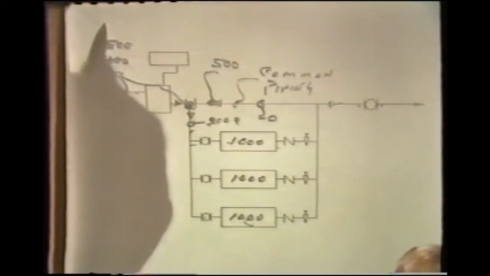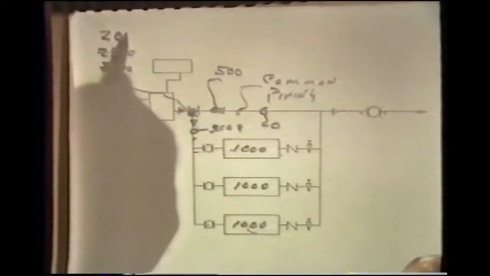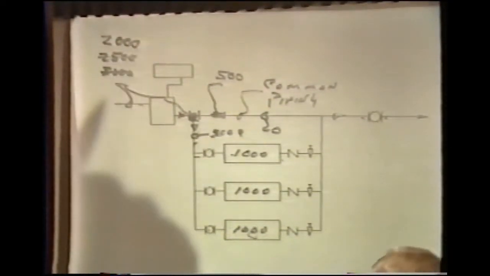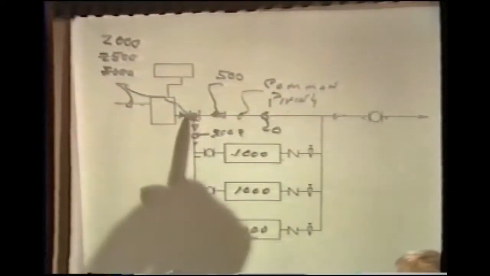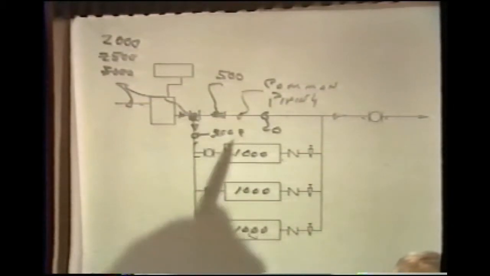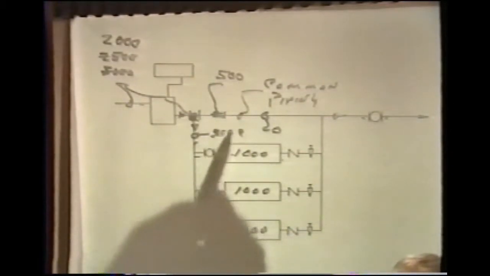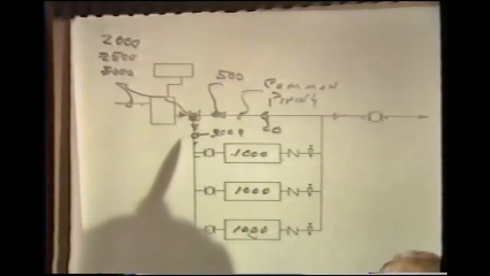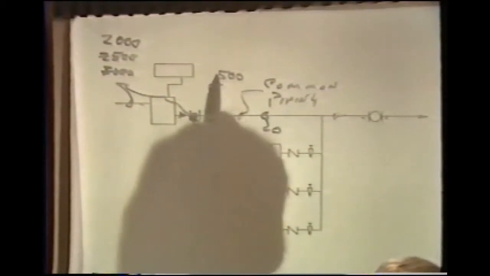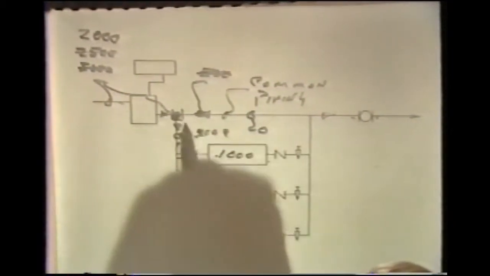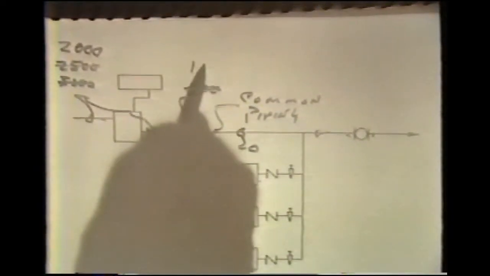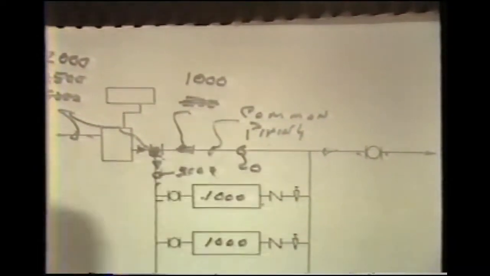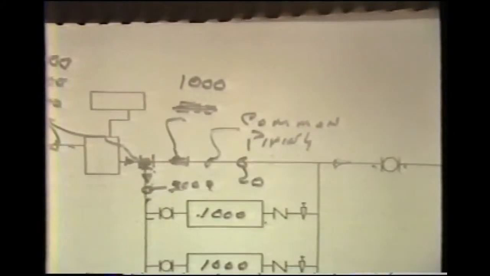Let us now assume the flow rate decreases to 2,000 gallons per minute. We now have 2,000 gallons per minute entering into the T, 3,000 gallons per minute being withdrawn from that T, and our common piping flow rate must now increase to 1,000 gallons per minute.